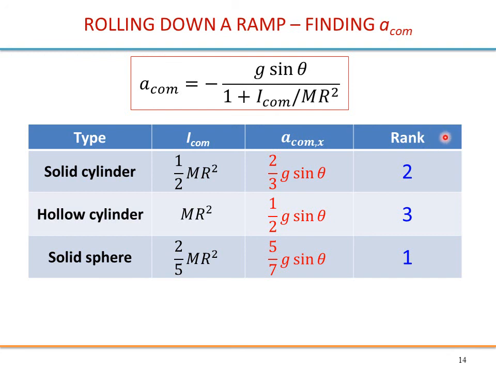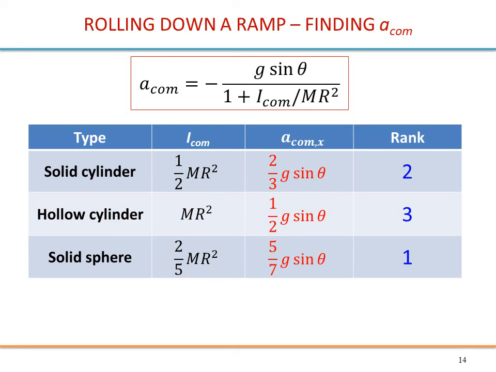So the rank here is the amplitude of the acceleration. This one is greatest, then this one, and this one is the smallest. And it ranks opposite to the inertia. This one has the greatest inertia, then this one, and this one has the least inertia.